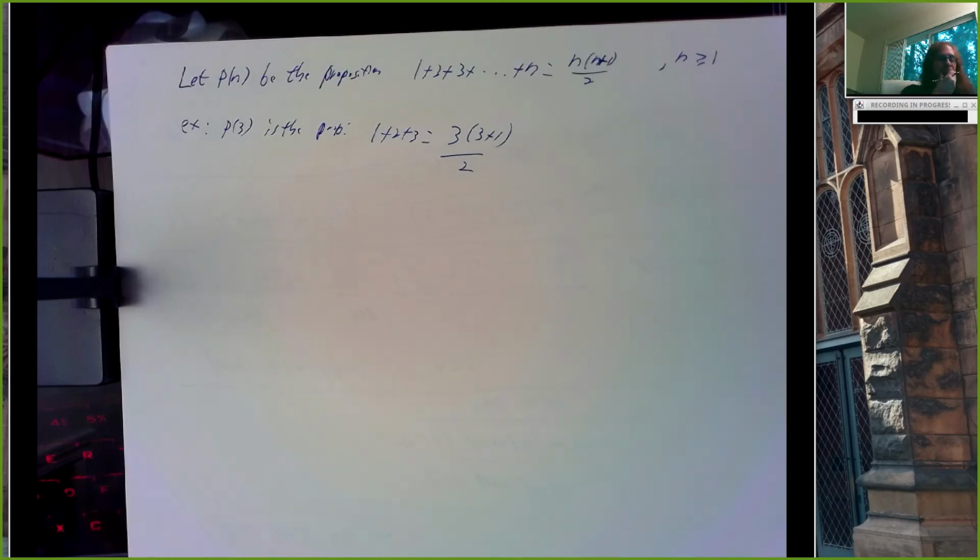So is 1 plus 2 plus 3 equal to 3 times (3 plus 1) divided by 2? No.